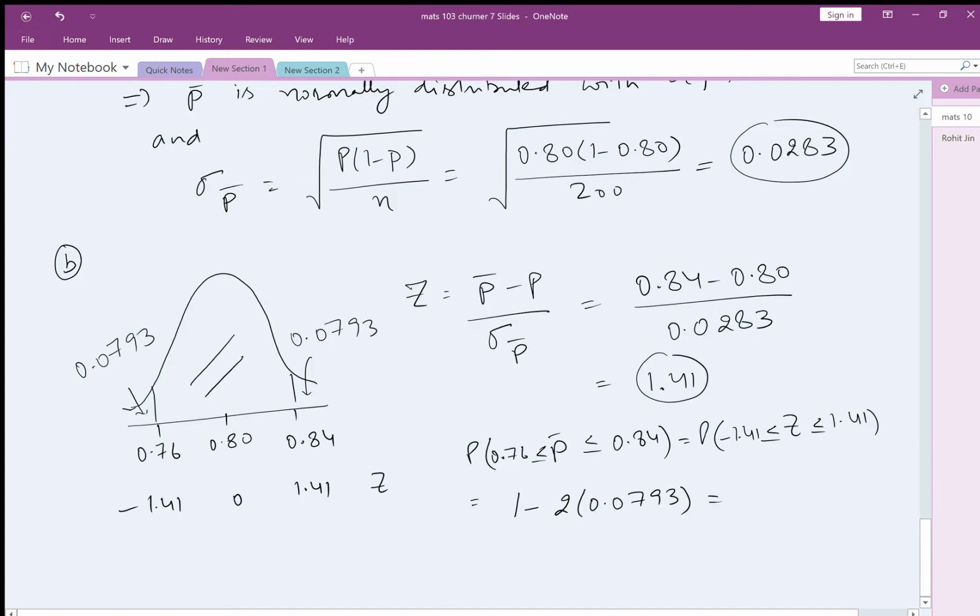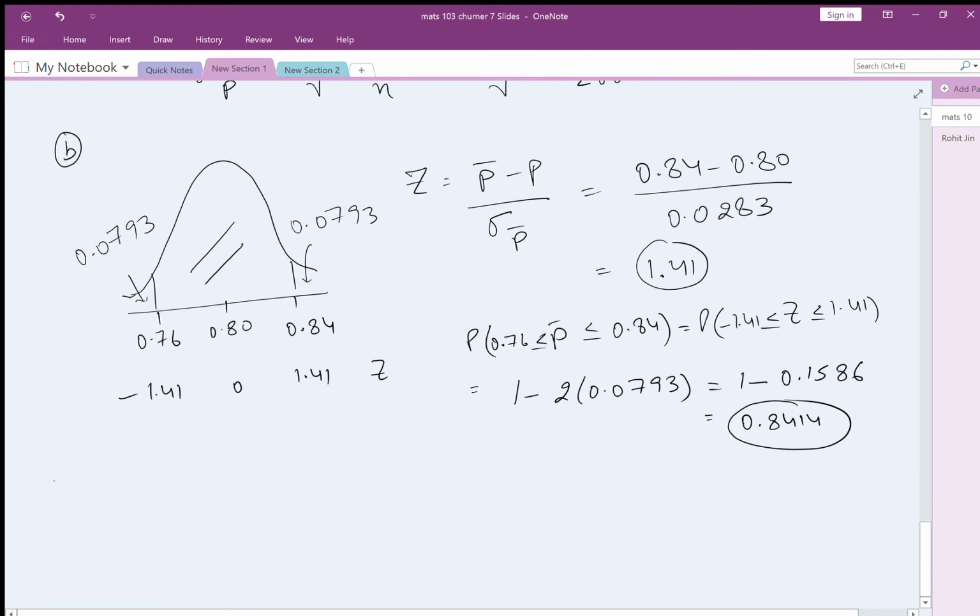I'm going to just calculate it on my computer. So 0.0793 times 2, so 1 minus 0.1586 equals 0.8414. Okay, so that's the answer.